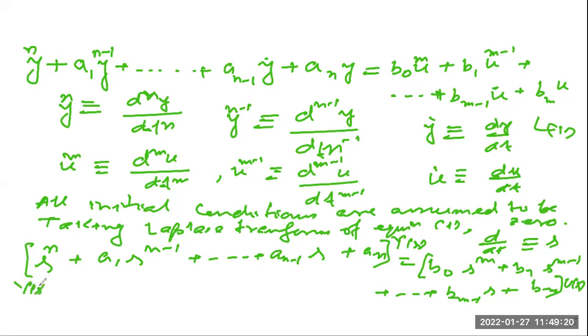So Y(s) by U(s), output by input. Y(s) is the output, the Laplace transform of the output.